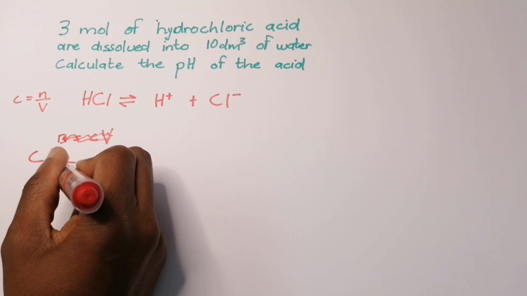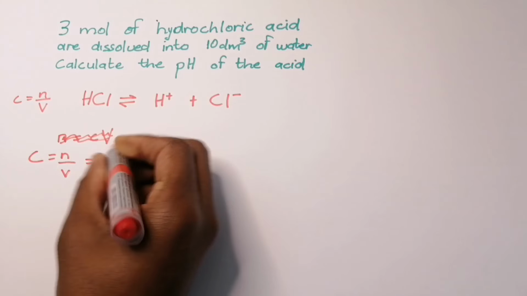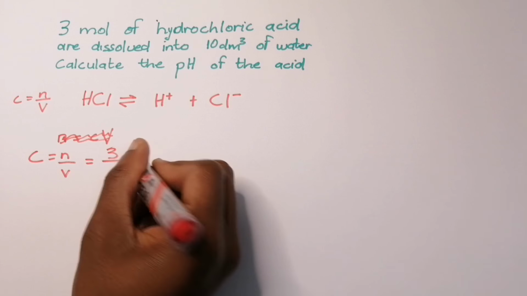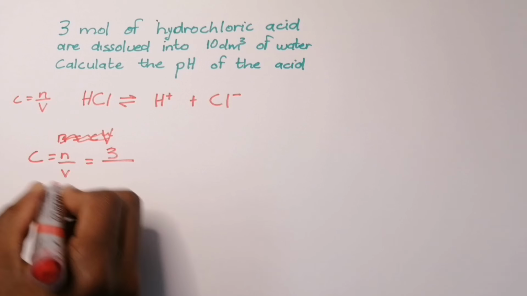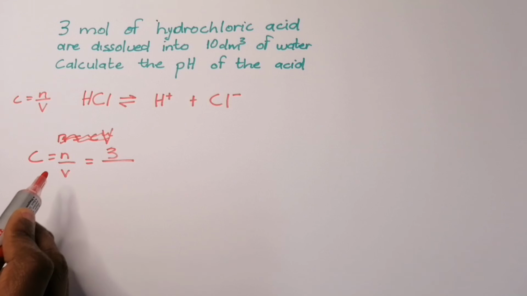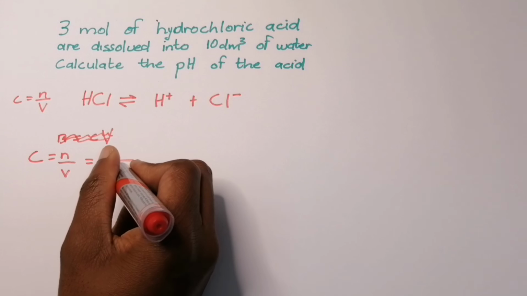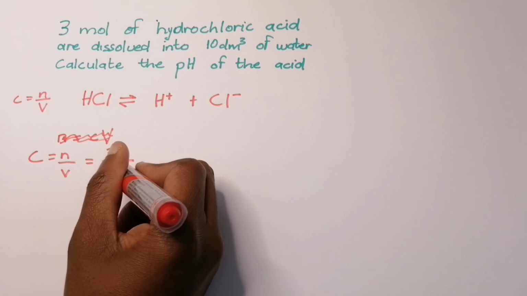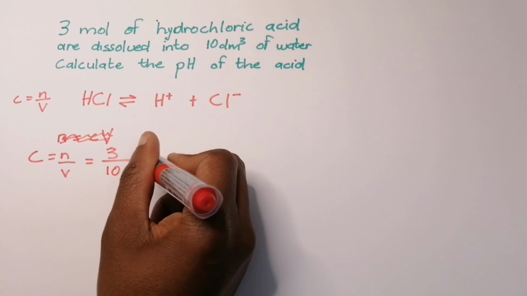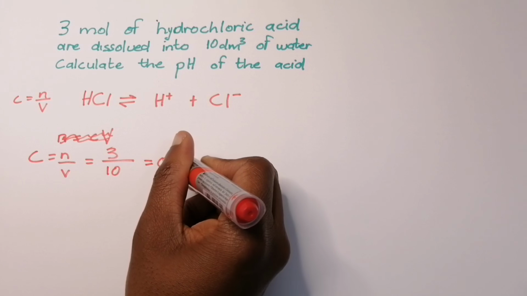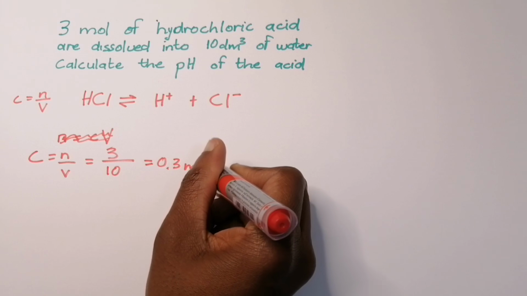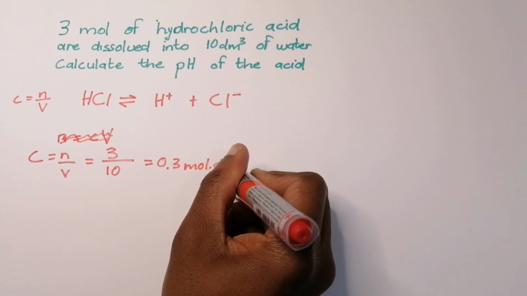Number of moles, that's 3 moles. And my volume, by the way, please always make sure that that volume is in cubic decimeters, which it is in this case. So I divide that by 10. So 3 divided by 10 will give me 0.3 moles per cubic decimeter.